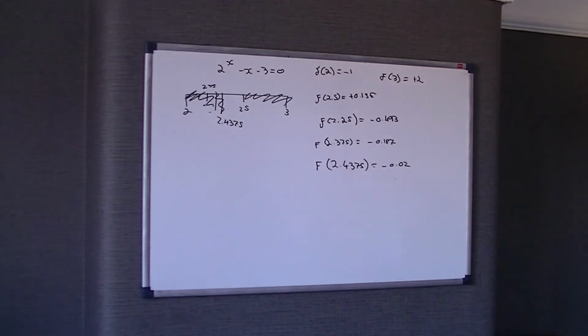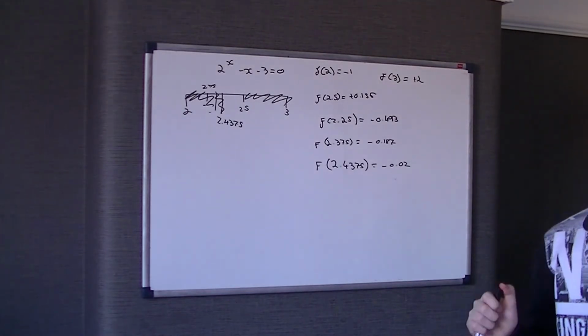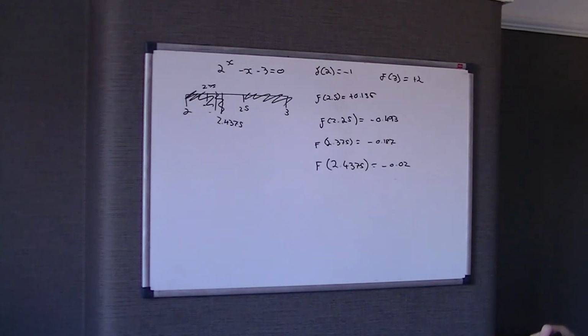I'm getting myself confused. I've probably done too many steps actually. As I said, it depends to what degree of accuracy you want it. So obviously, it's going to be 2.5 to 1 decimal place.